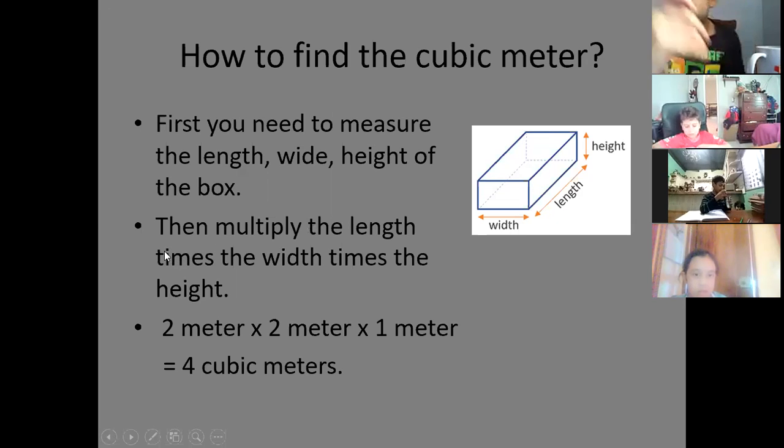Then multiply the length times the width times the height.